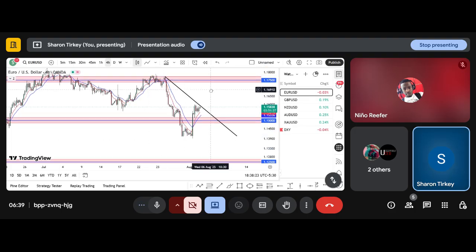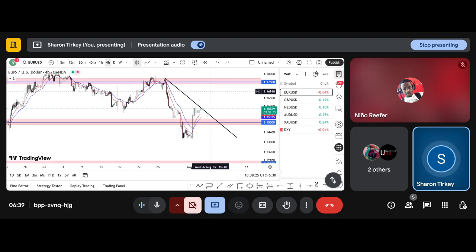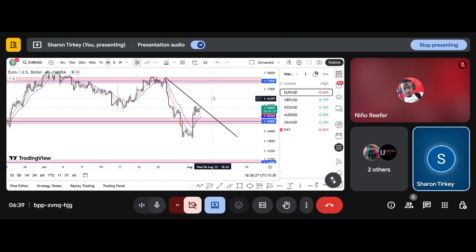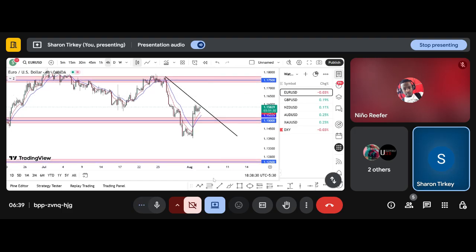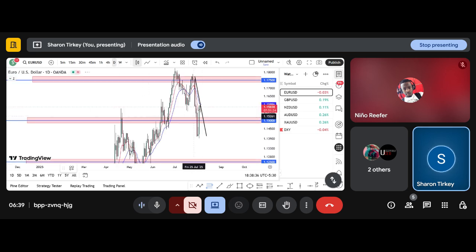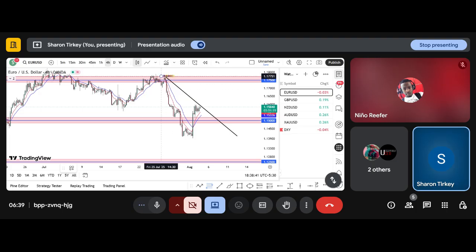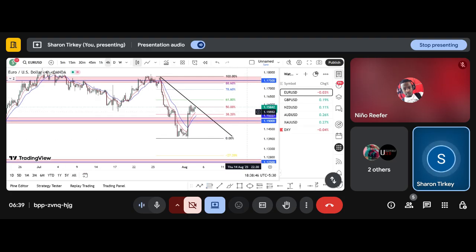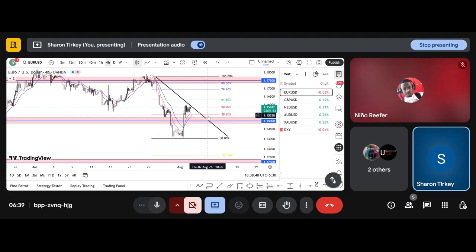Now, after this, you need to understand the Fibonacci levels. Fibonacci is drawn here. You see our trend is down, so we are going to analyze downside. Here you see these are our Fibonacci levels. The price always retests at 38%, 50%, 61, 78, 88 and 100.